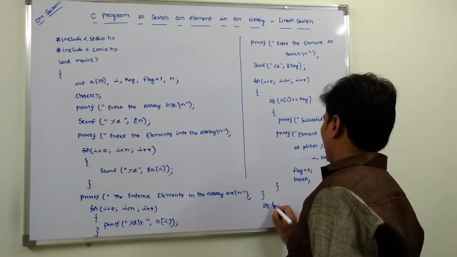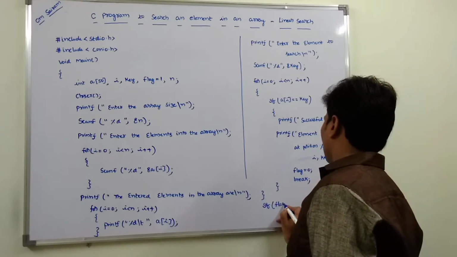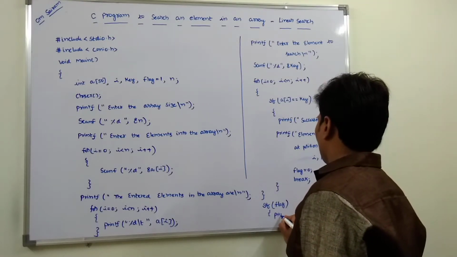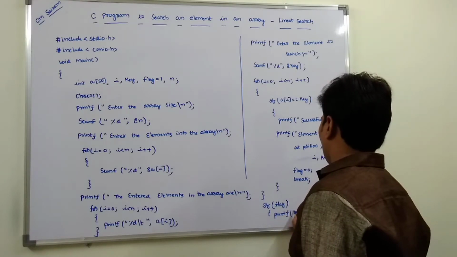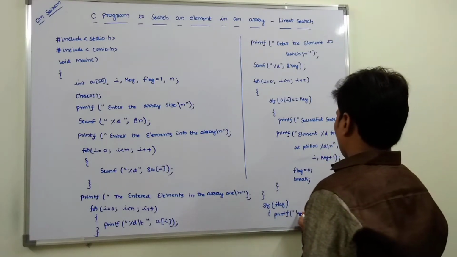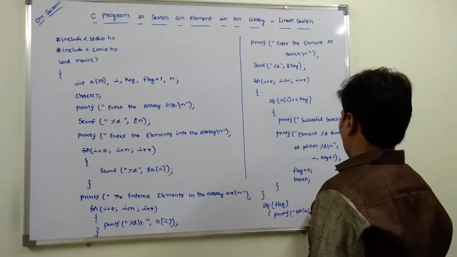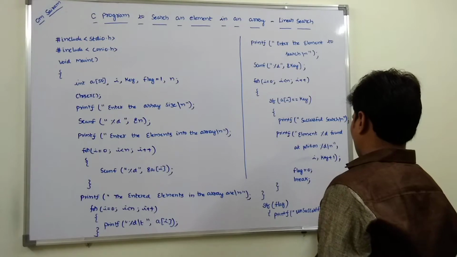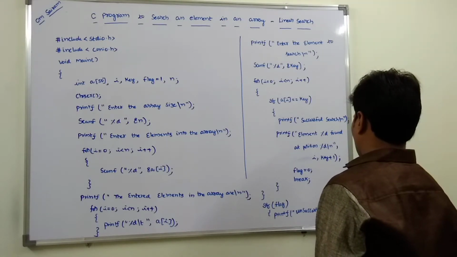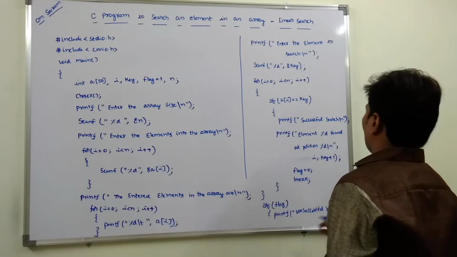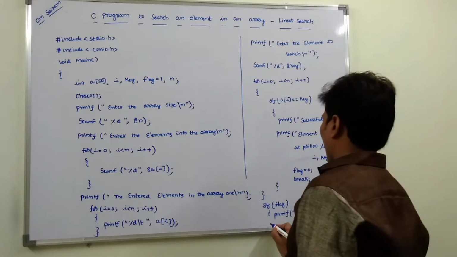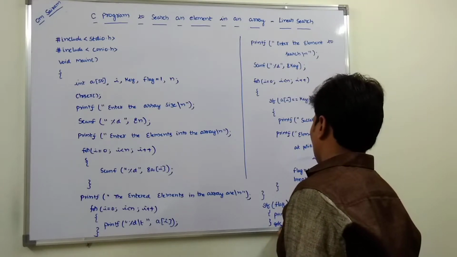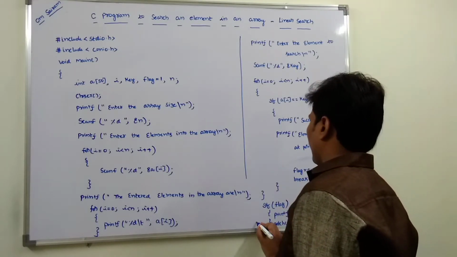If flag, printf unsuccessful search. Next, getch, main close.